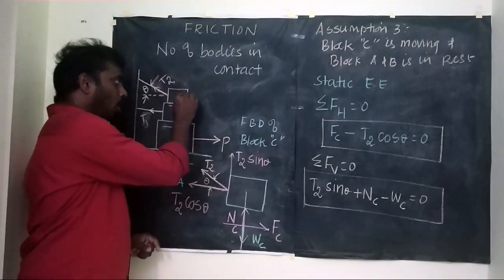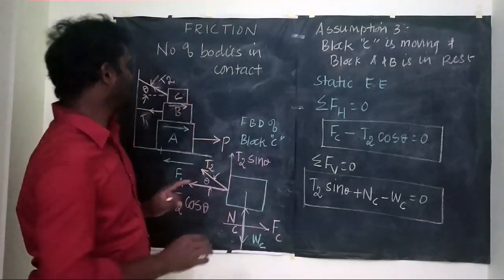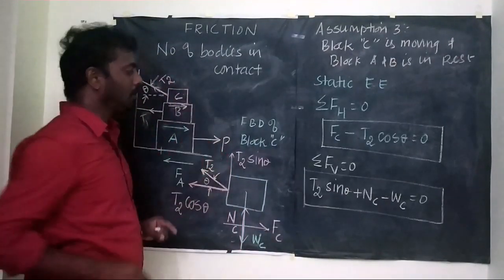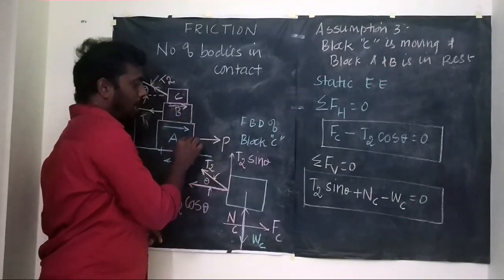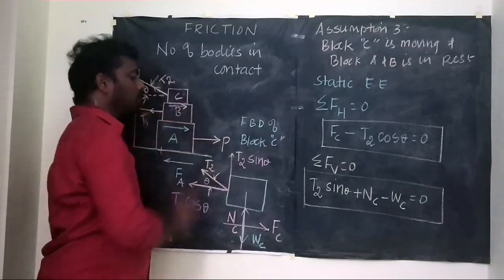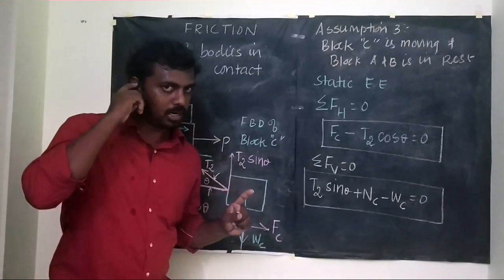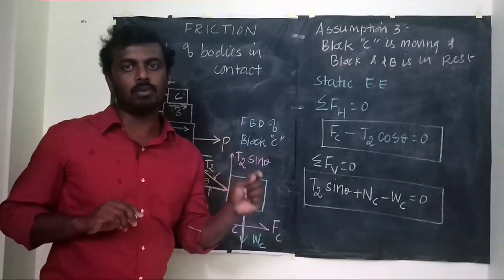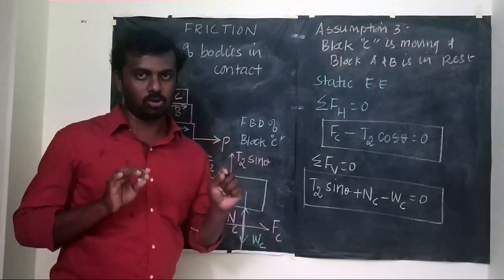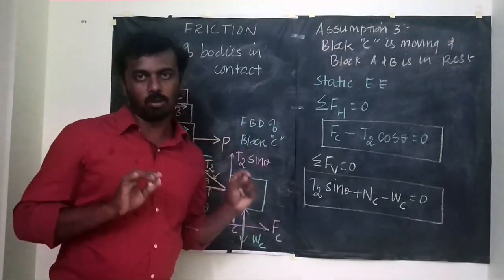Because this block has fewer unknowns, so this block can be solved easily. Based on this value, we can calculate the unknown values in block B and block A. So don't forget this logic. Always take the block having fewer unknowns first, then proceed with the problem.